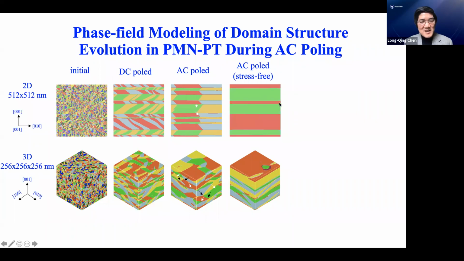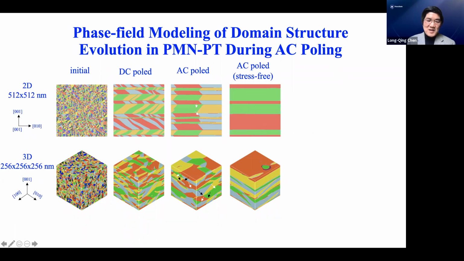All that is left are these layer structures with the domain walls perpendicular to the poling direction. We call these 109 degree domain walls, which means the polarization changes direction by 109 degrees. All these tilted domain walls are 71 degree domain walls.